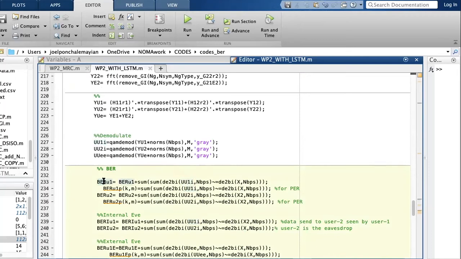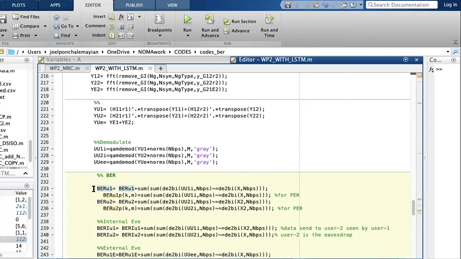So we store it in this particular variable, and we sum it all the time, because inside this for loop we are sending thousands of bits. So every time we go through this for loop, we calculate how many bits have actually been sent and have been received.